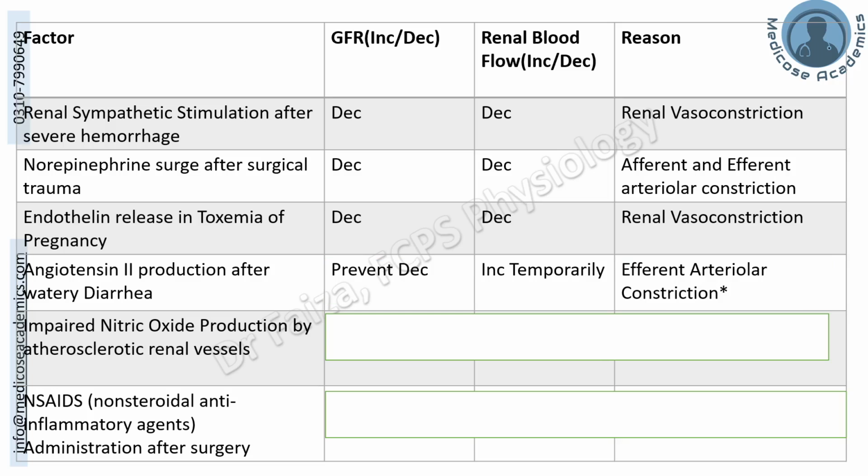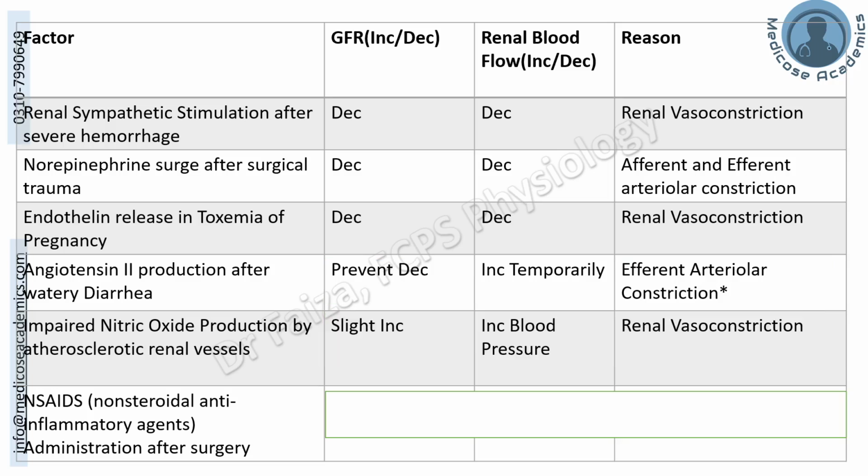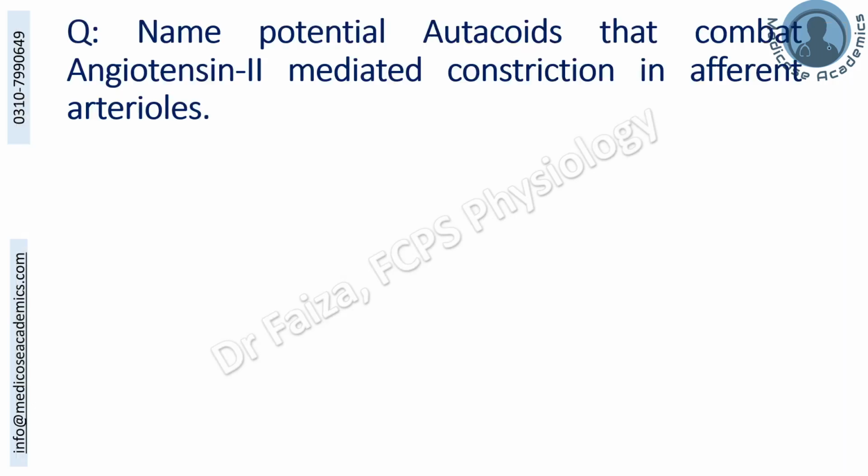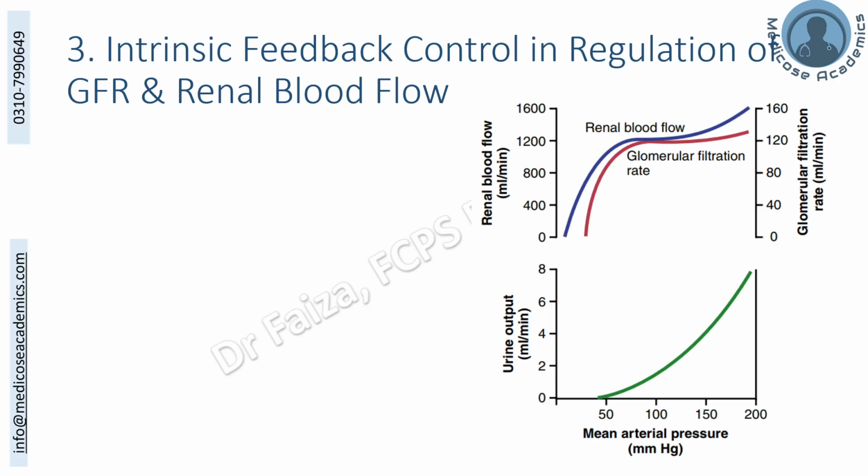Nitric oxide, if not produced in case of hypertension, will be related with the increased glomerular capillary hydrostatic pressure, whereas stopping the production of prostaglandins by NSAIDs will lead to vasoconstriction and decreased GFR. Potential autocoids that inhibit angiotensin 2 mediated vasoconstriction in afferent arterioles, of course, are those which cause vasodilation, for example, nitric oxide and the prostaglandins.